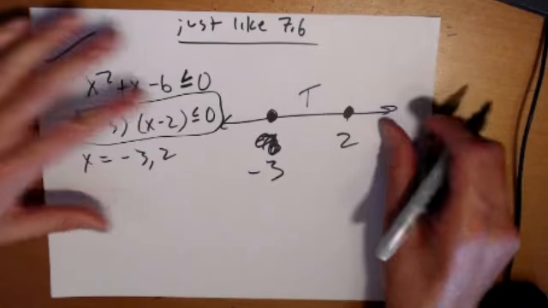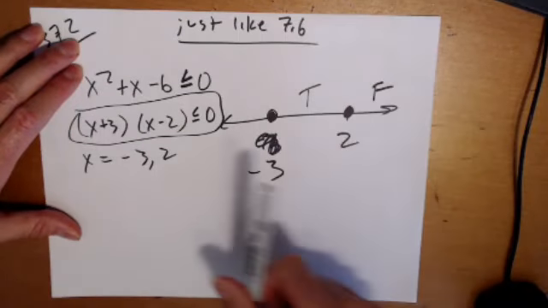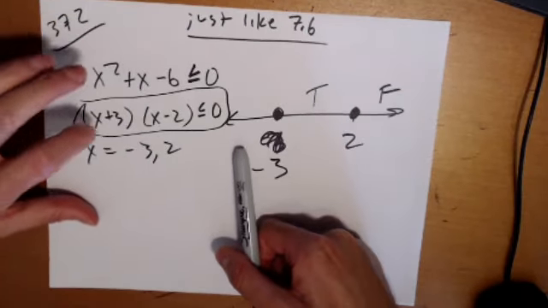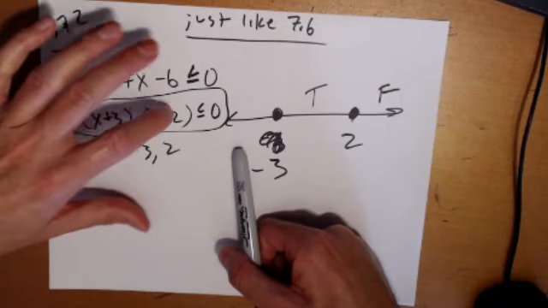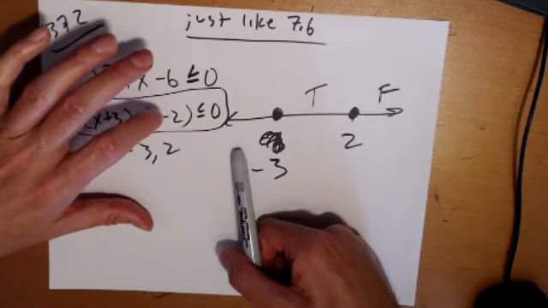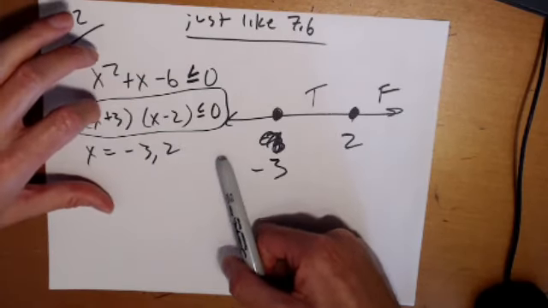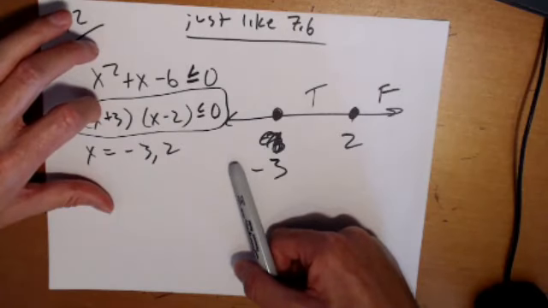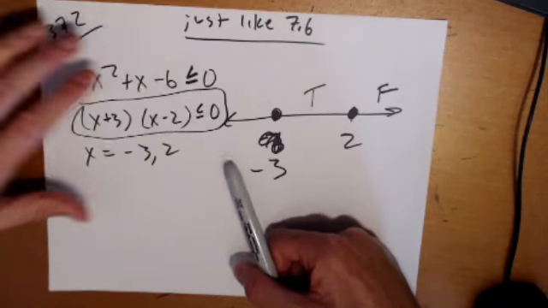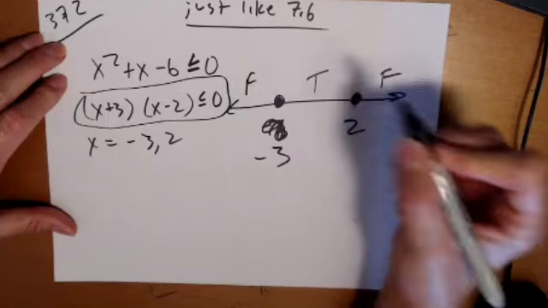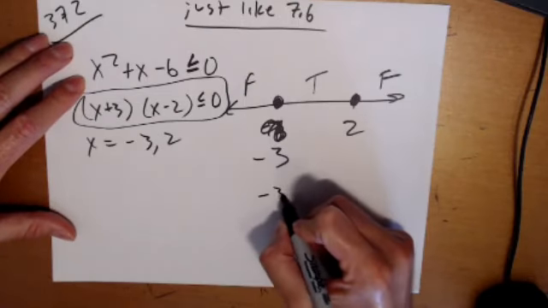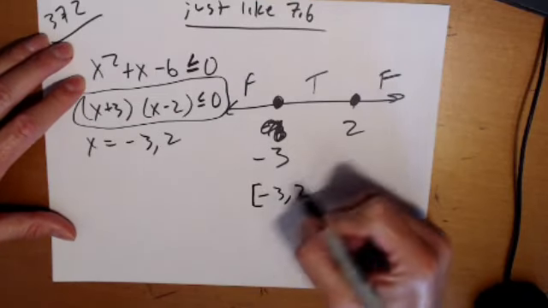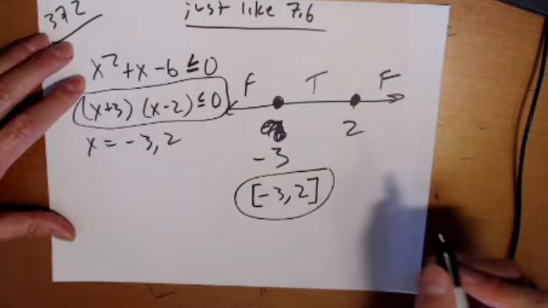Is that less than or equal to 0? No. False. Pick a number like -4. That's going to give us -1 times -6 is 6. Is that less than 0? No. False.